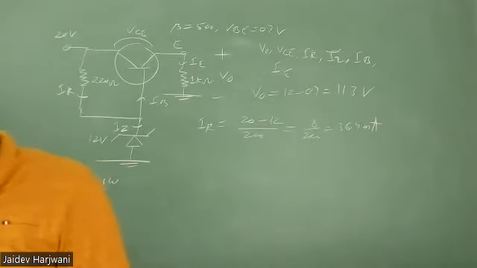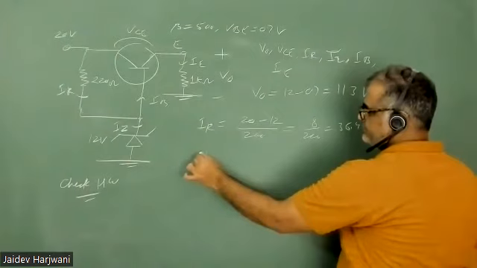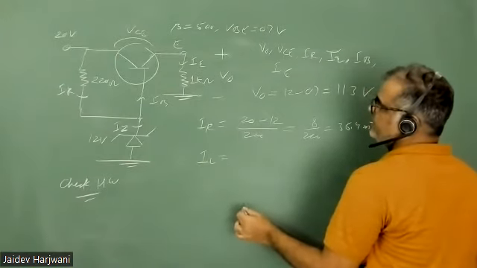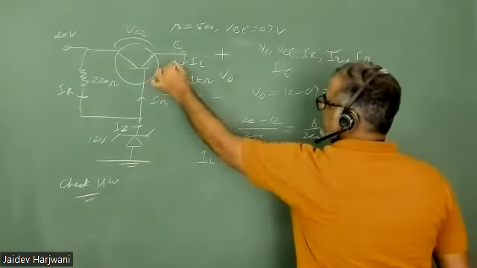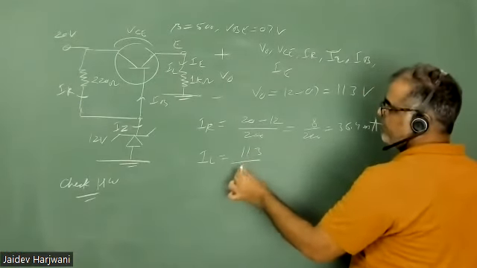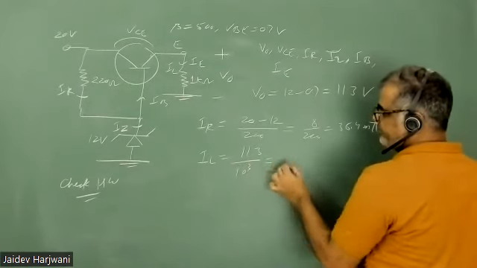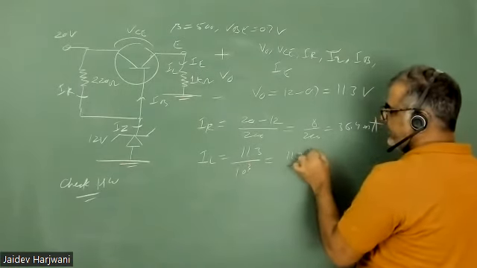How much will IL come? How do you find this IL? 11.3 divided by 1 kilo ohm, so 11.3 milliampere.